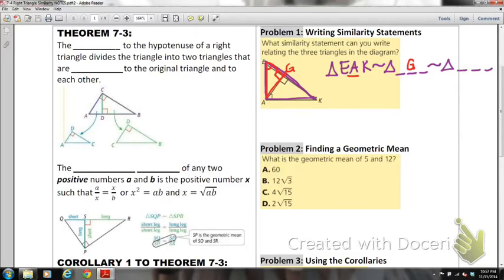Then angle E is shared between that large triangle and that smaller triangle, so the E has to be in the same place in these 2 names. E has to be in first position because that's where I put it in the other one. And then that leaves the A to finish out naming that smaller red triangle.